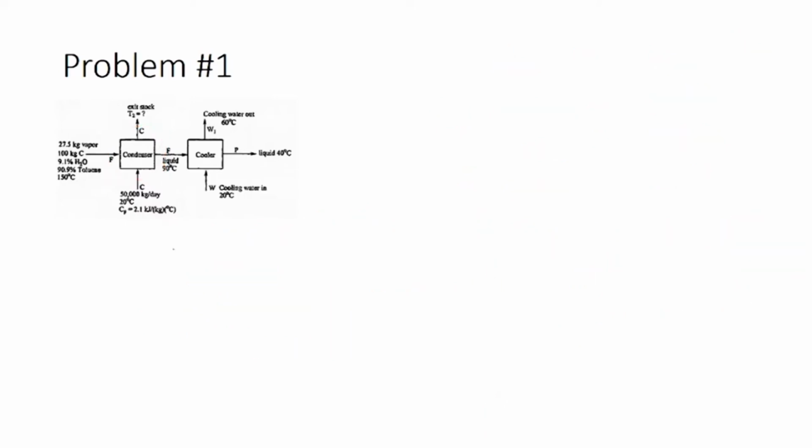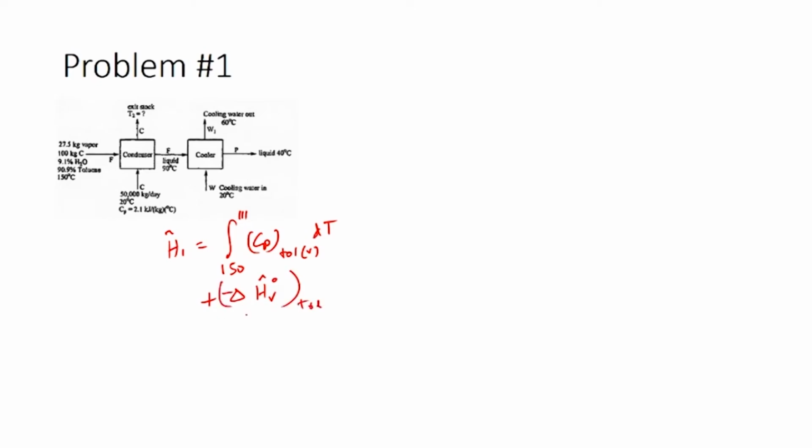So, using this we can calculate H1 cap as follows. H1 cap would be equal to integral 150 to 111 Cp of toluene vapor dT, plus the negative of delta H V cap for toluene.